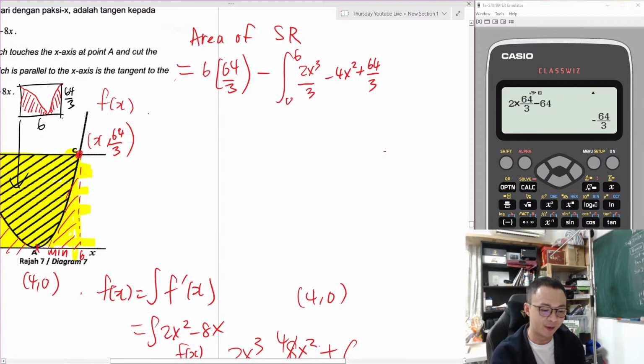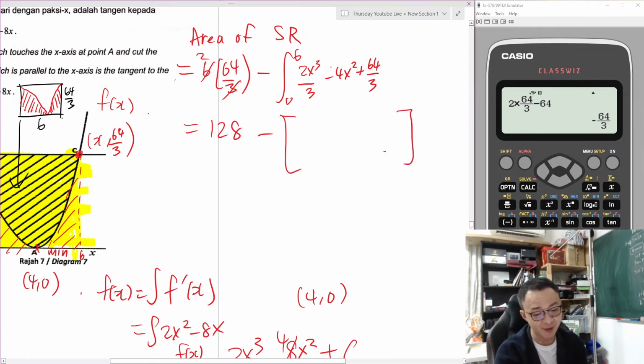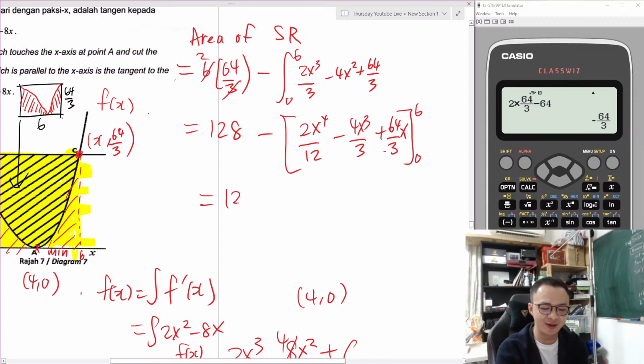Okay, let's do it. 6 times 64 over 3 is 128, minus, alright, here you integrate. Power plus 1 is 4, so 2x power 4 over 12 minus 4x cubed over 3 plus 64 over 3 x, from 0 to 6. Then you can just sub the 6 into there.